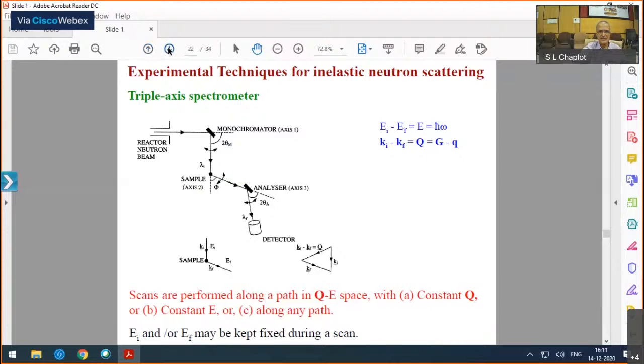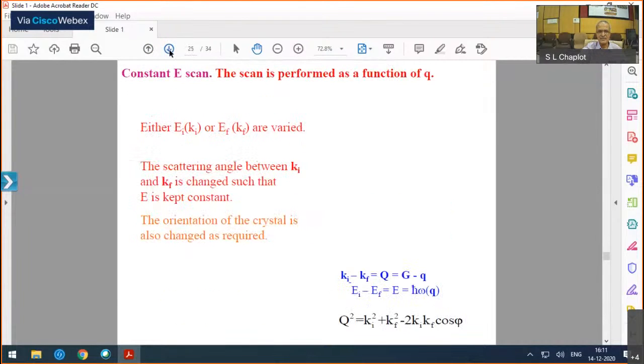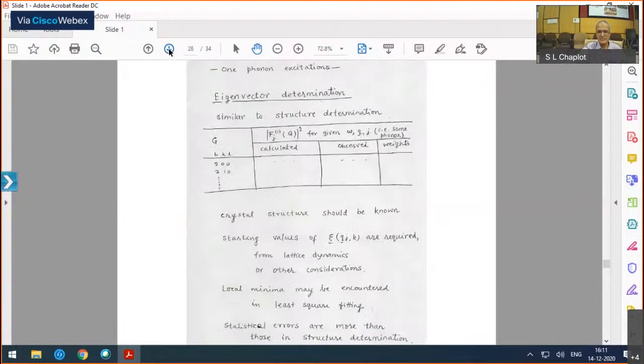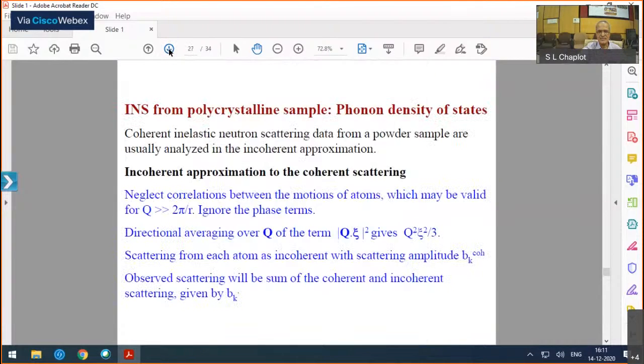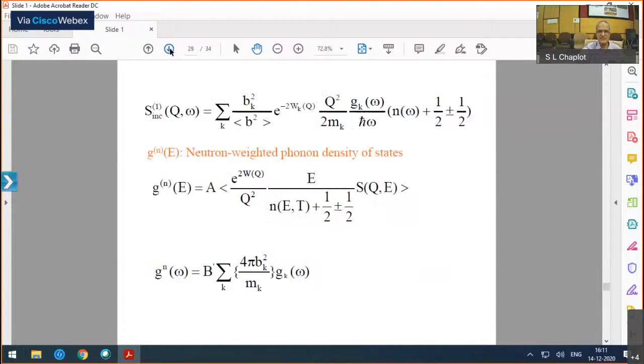The other important thing is, as we said, in the case of phonon scans, we were only interested in getting the position where the intensity is maximum. In the case of one-phonon scans with a single crystal, our interest was only to find the position of the energy and the wave vector where we get a good signal, and that would correspond to the phonon energy and phonon wave vector.